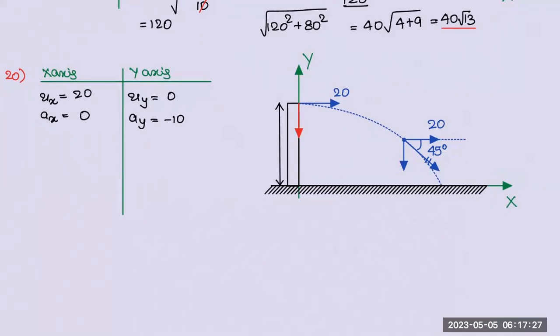Now angle is playing a role here. Because it is 45, directly I can say this is also 20. So velocity at that time is 20 meters per second vertically downwards, so it must be negative. T is equal to question mark. V is equal to U plus at. Direct step I'm writing: minus 20 is equal to 0 minus 10t. T is equal to 2 seconds.